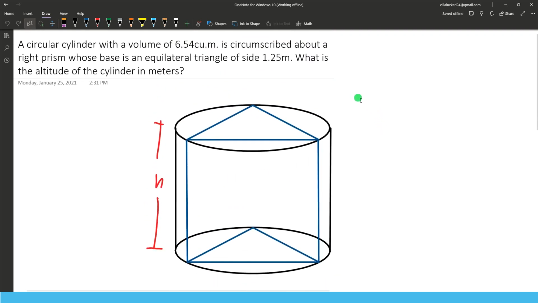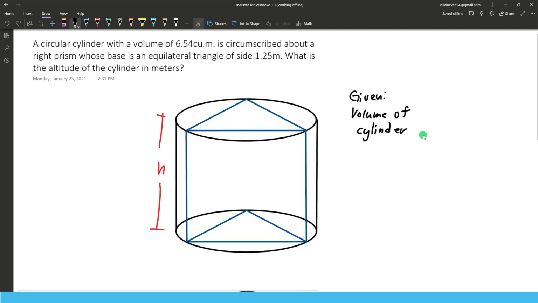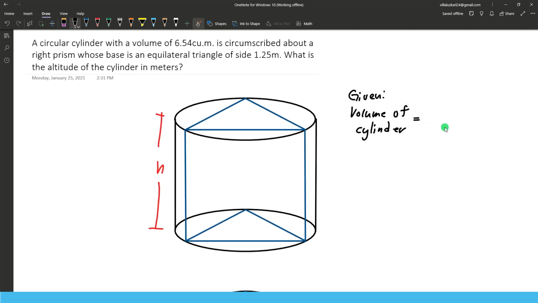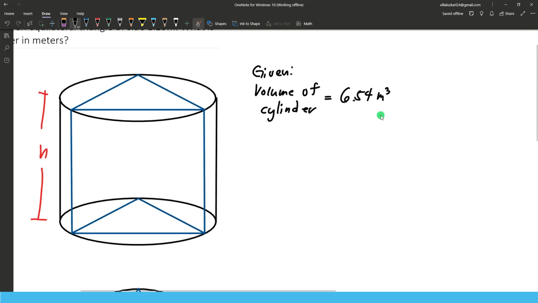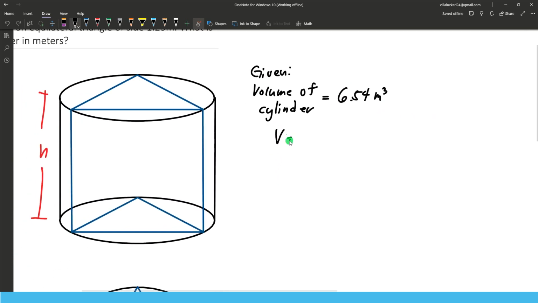Given the volume of the cylinder, 6.54 cubic meters, and using the formula for the volume of a cylinder, we have the area of the base times the height.